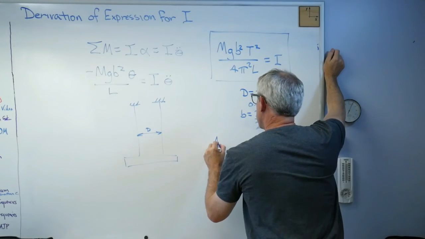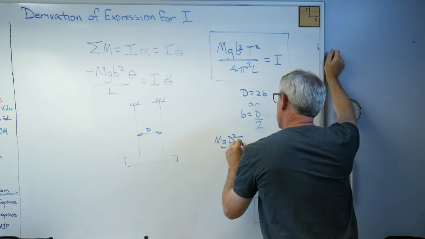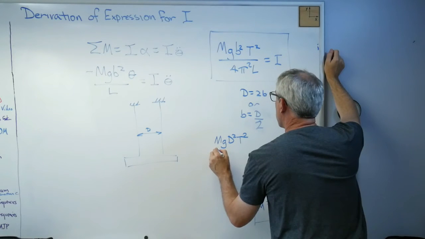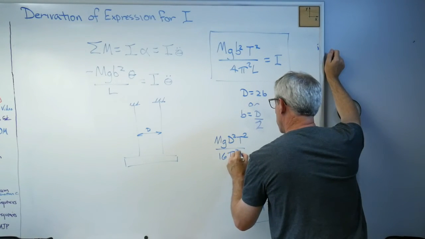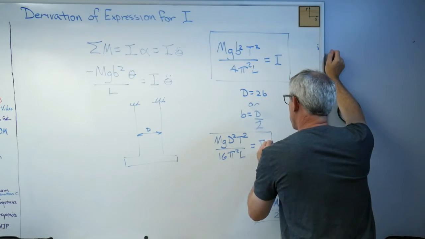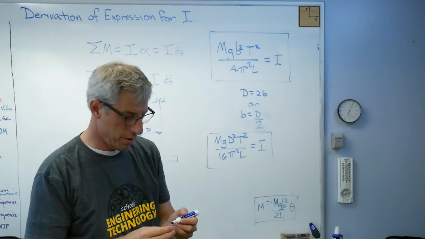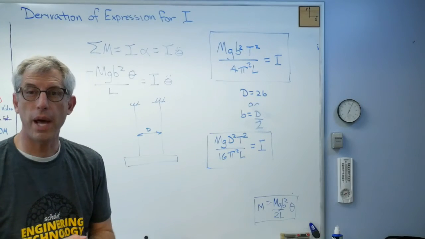Then I can also say mg D squared T squared, and now I've got a 4 squared in the denominator, so it's 16 pi squared L, equals I. There's the other way to write it. You pick whichever one you want. Those are both correct.